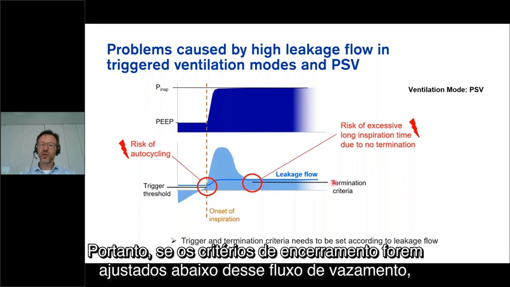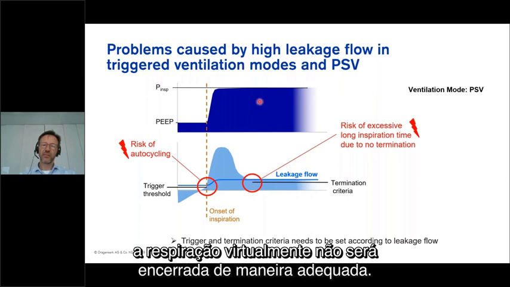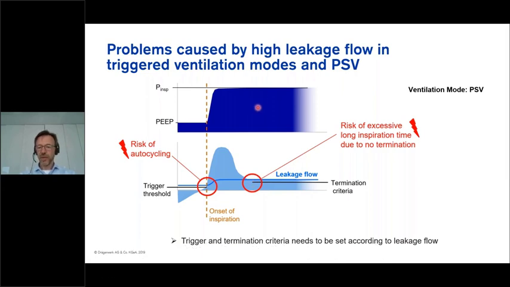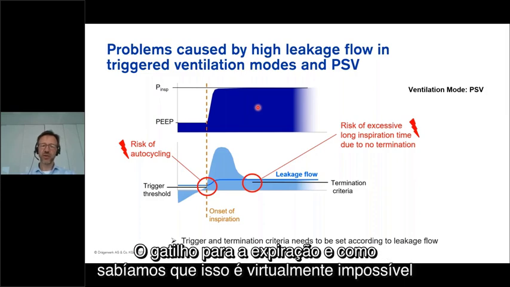So, if the termination criteria is adjusted below this leakage flow, then the breath is virtually not terminated properly. Therefore, it would be needed to continuously readjust these two triggers, the trigger for inspiration and the trigger for expiration.